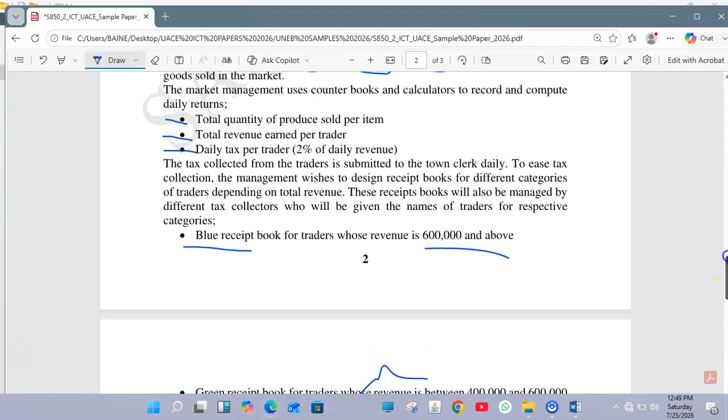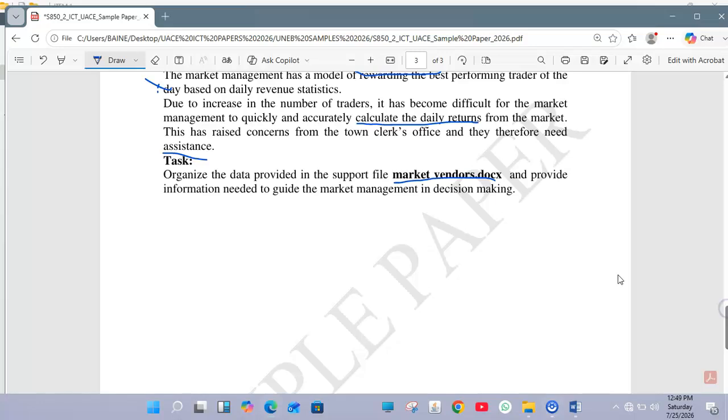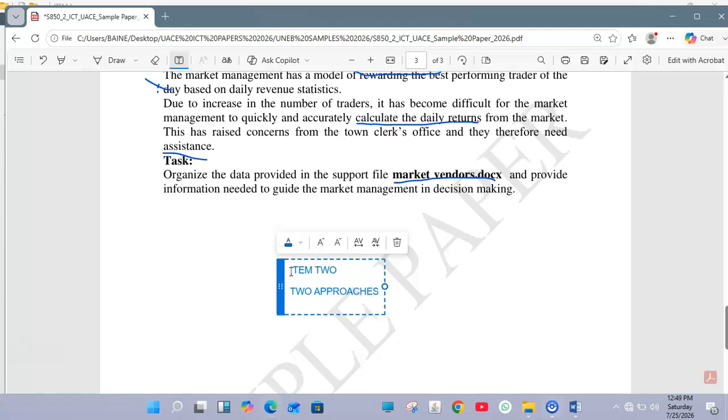So for item 2, you are supposed to answer using two approaches: Excel, or what we call Microsoft spreadsheets, and Access, or what we call Microsoft database.